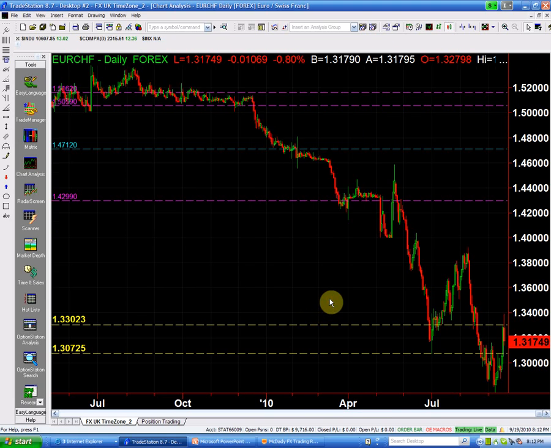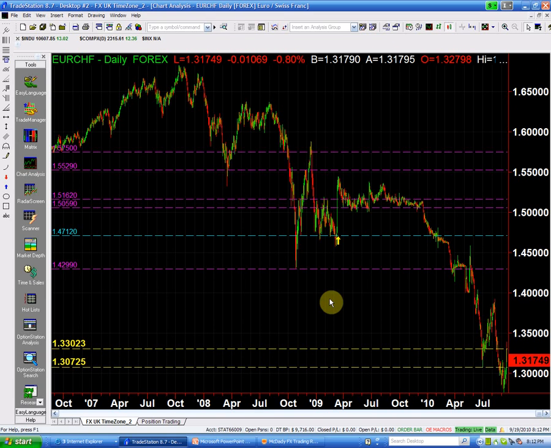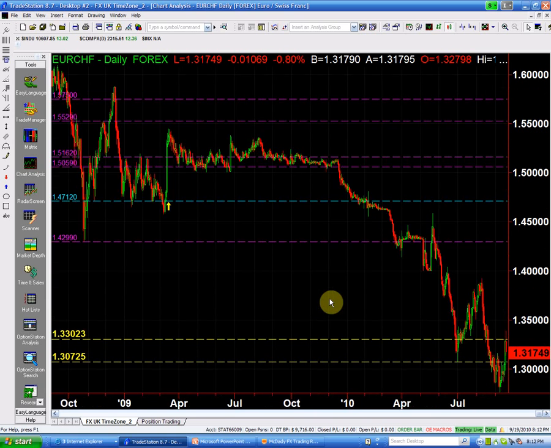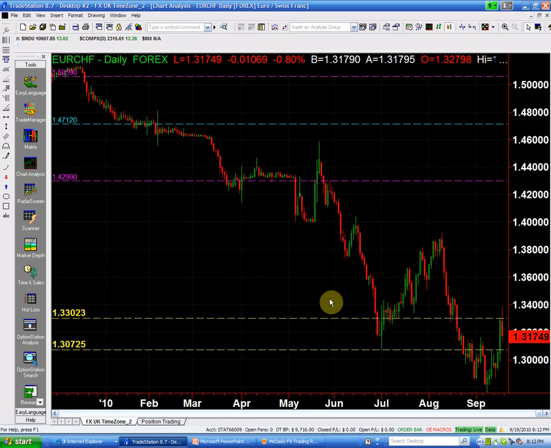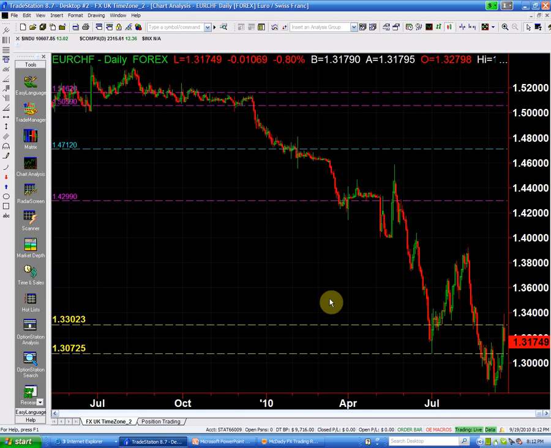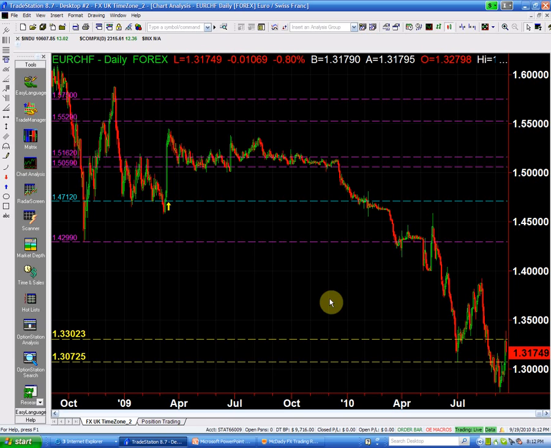I'm not doing the Euro Swiss in details because for some reason it's not downloading the intraday data from TradeStation, so I'm trying to gauge it from the daily chart. On the next structure long, I'm just going to put it at 1.35 for the time being.